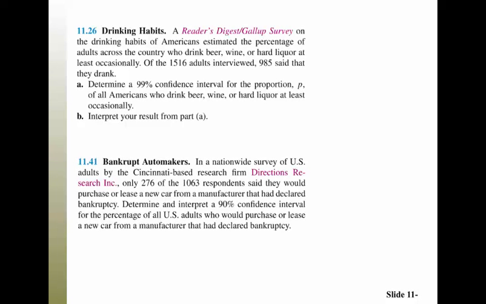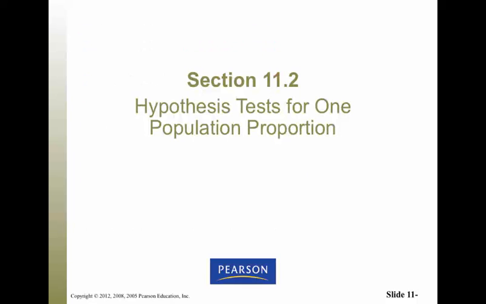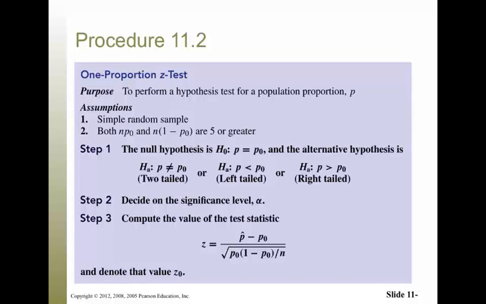Okay, so then the next part is hypothesis testing related to population proportion, and there's not a lot new here. Now that we understand population proportion, and we know hypothesis testing, we're just doing a hypothesis test on population proportion.